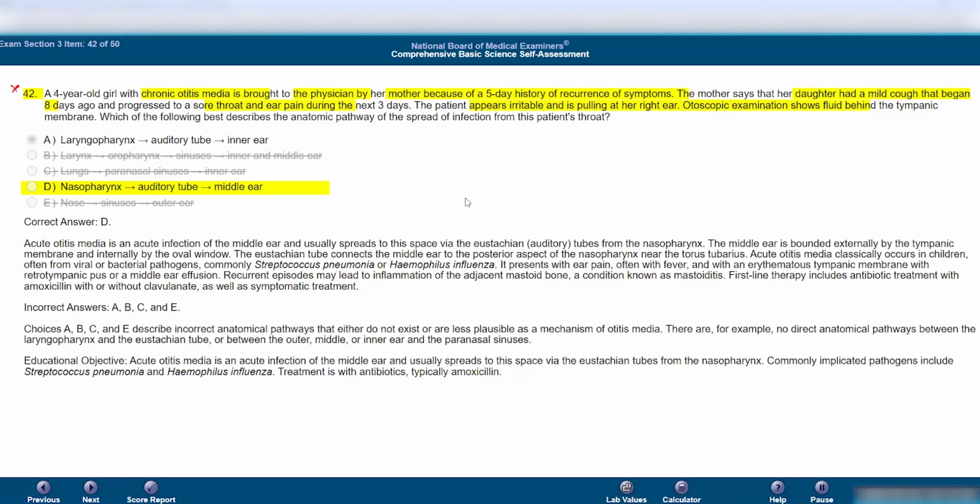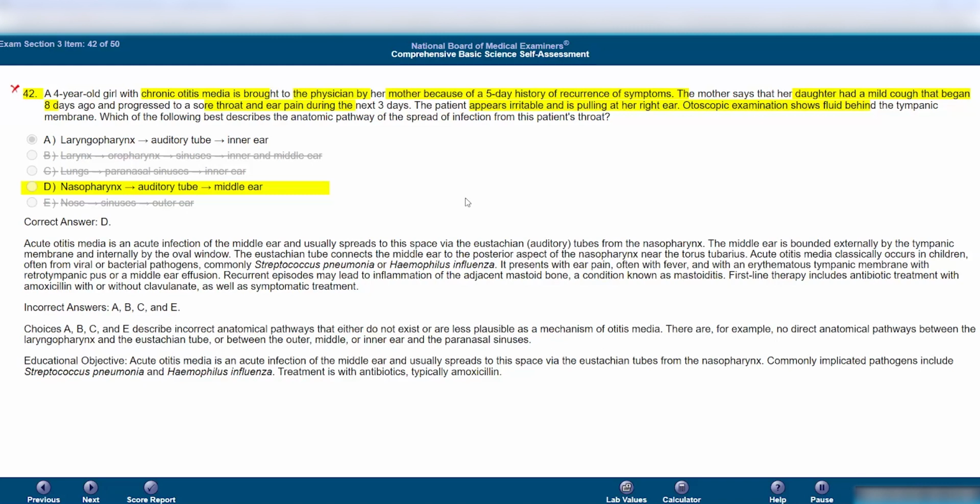Anyway, it was talking about this person who had chronic otitis media, and that's usually caused, I know this from H. influenzae, versus external, which is like Pseudomonas. But this person had otitis media, and I think it was caused by an infection in their throat like 8 days before.